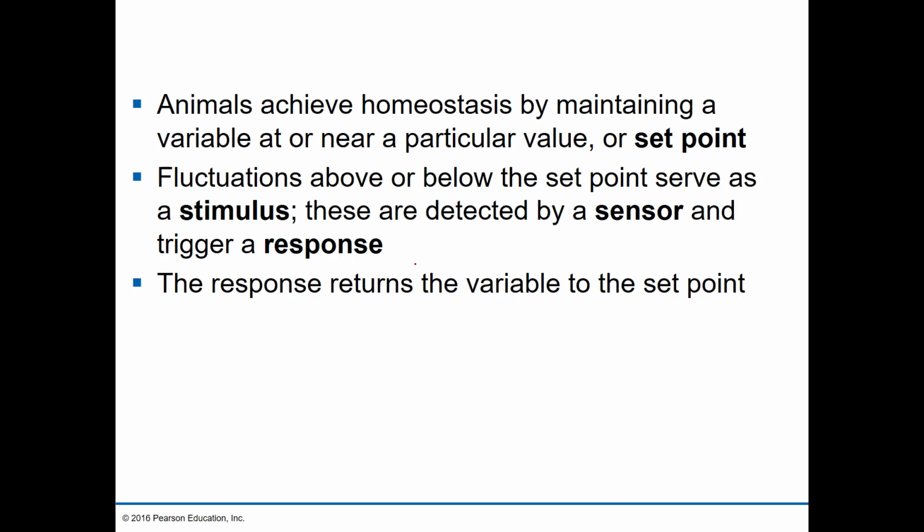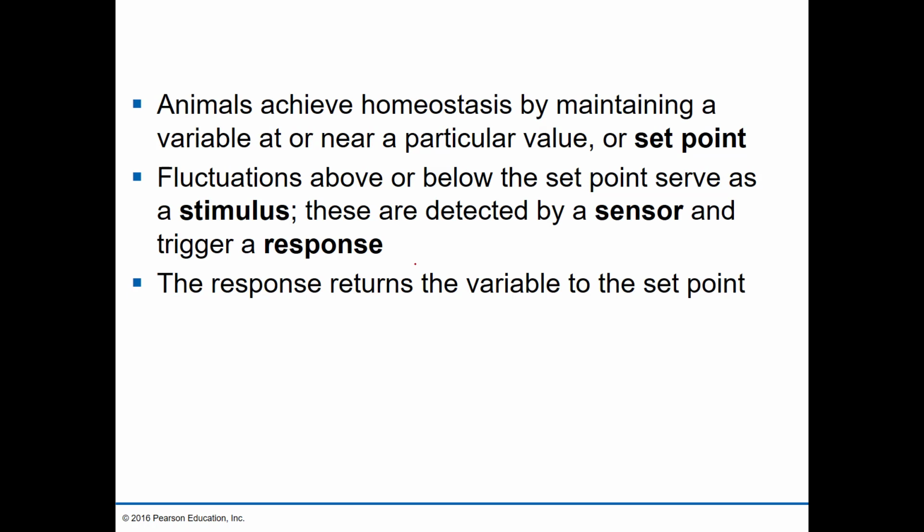Animals achieve homeostasis by maintaining a variable at or near a particular value or set point. So our set point for temperature in our body is what, 98.7 or something like that. And it fluctuates. You take your temperature at all times of the day. It could be between 97 and 99.